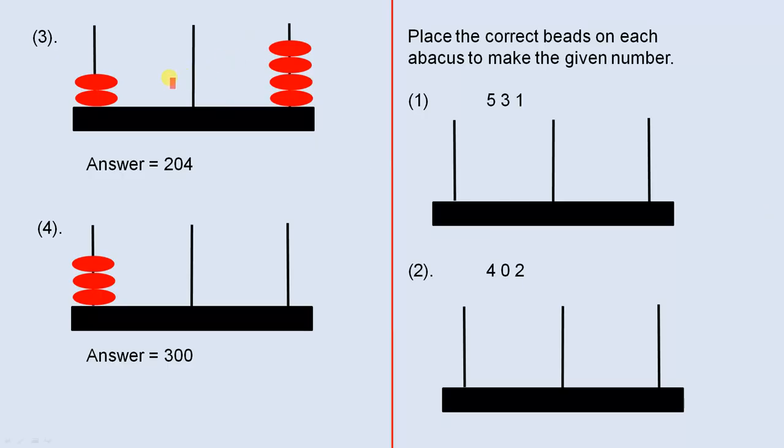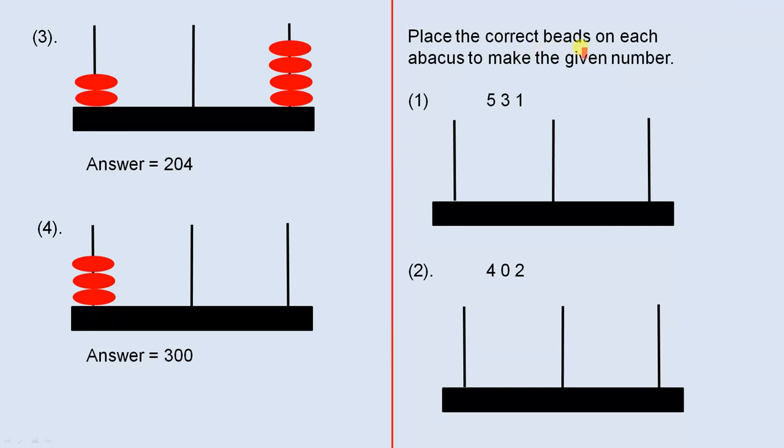The next one, 2 beads, no beads, 4 beads. 204. 3 beads, no beads, no beads. 300.